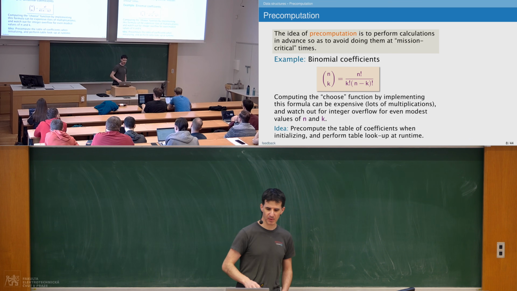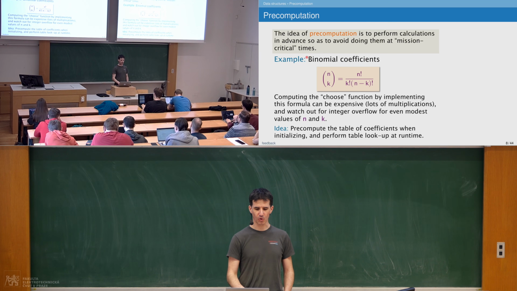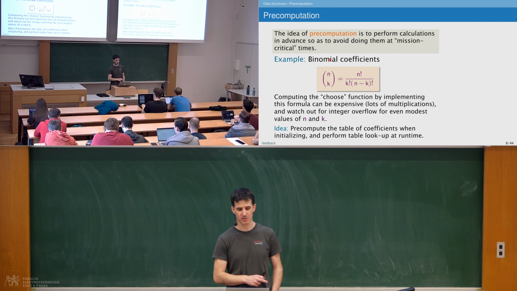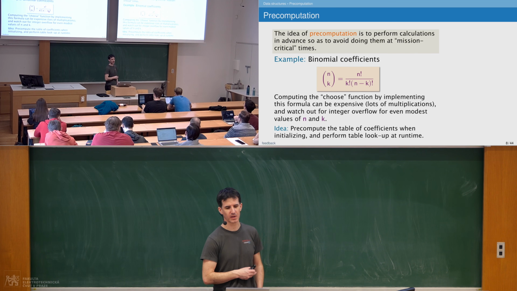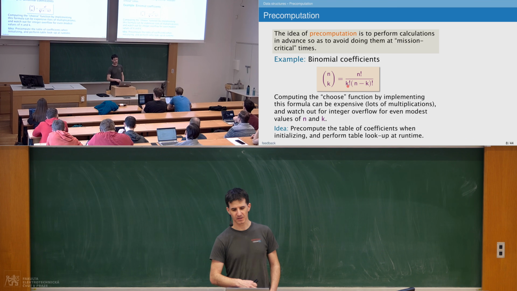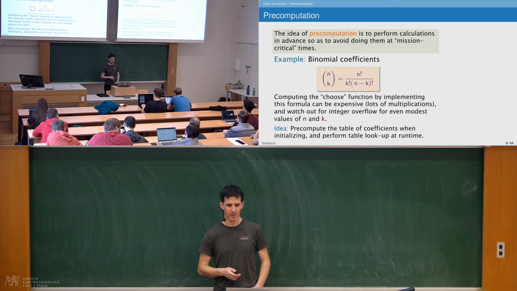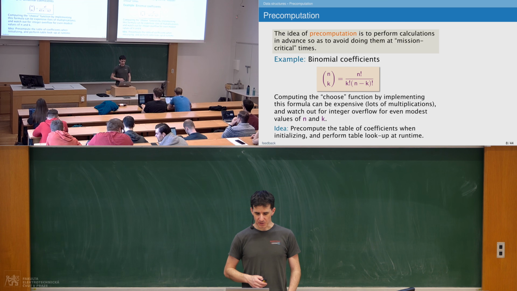To give you an example, imagine we want to calculate so-called binomial coefficients, which is the value from combinatorics. This formula, you probably remember it from some statistics. And the input is two numbers n and k, and you calculate this formula by performing some computation.